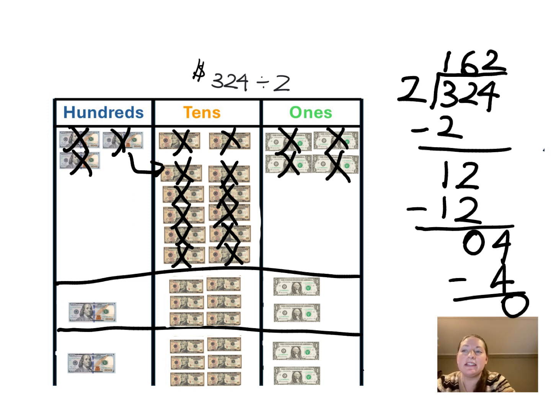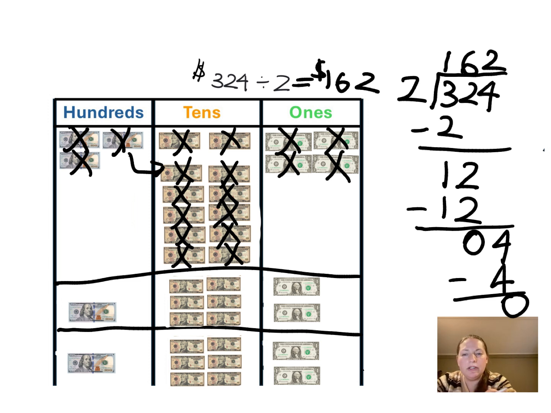So now we have successfully distributed $324 into 2 equal groups, and each of those groups has a total of $162. $100 bill, 6 $10 bills, and 2 $1 bills.